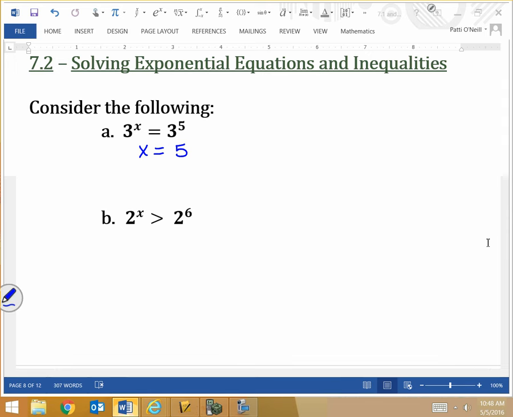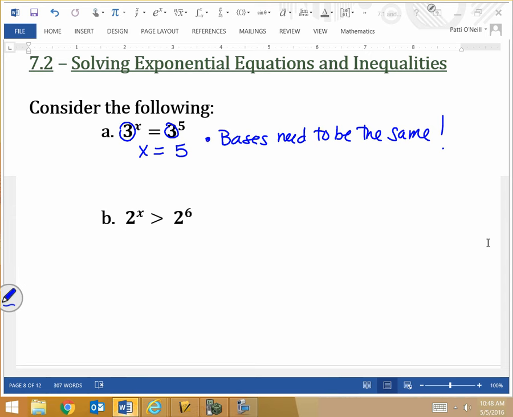So the rule of thumb with solving exponential equations is that the first thing that has to happen is you have to make your bases the same. Bases need to be the same. And once that happens, in this problem we didn't have to manipulate anything, but we will in the ones that I give you in a little bit.